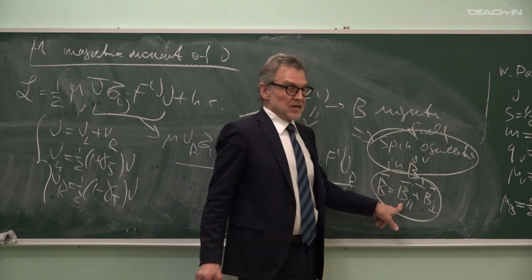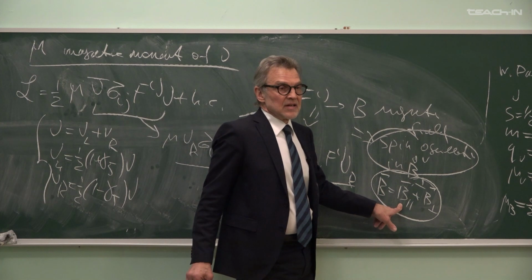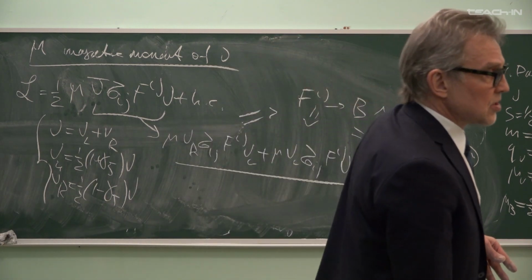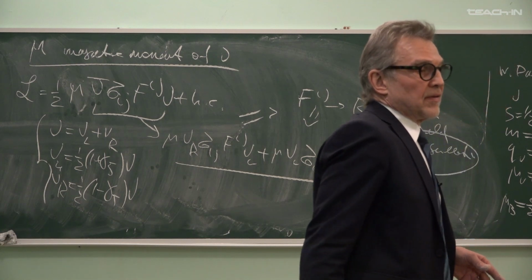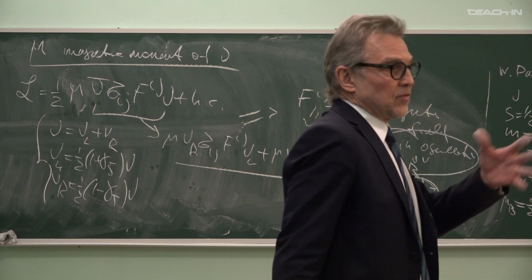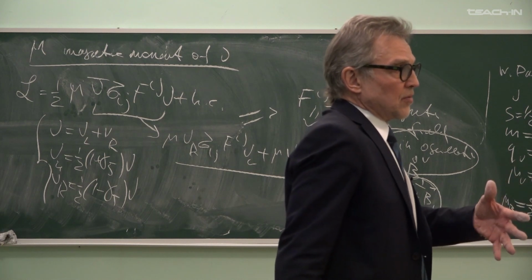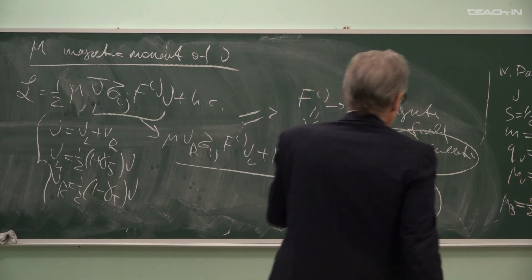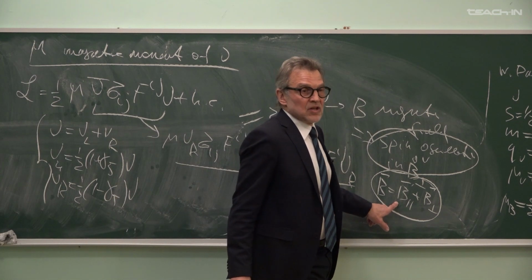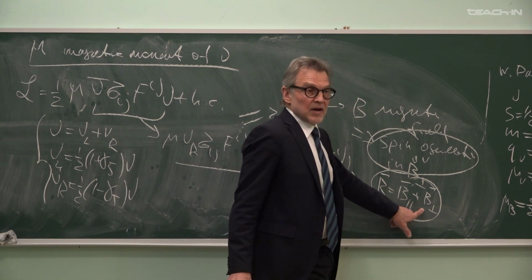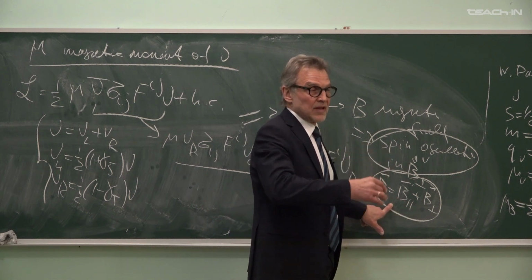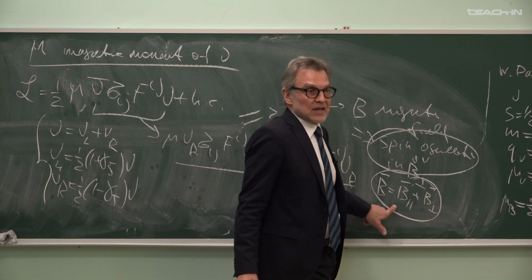Also, this part is suppressed by the inverse Lorentz factor. If you recall the Lorentz transformation of the electromagnetic field tensor, or magnetic field, from the laboratory frame to the relativistically moving frame related to neutrinos, you will see that this part will be diminished, because the transversal part is reinforced by the Lorentz factor in the transition from one frame to another, and the longitudinal part does not have this increase.